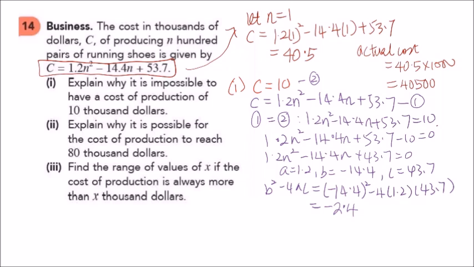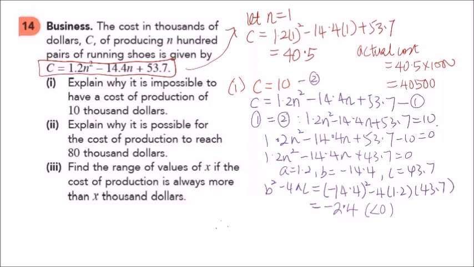It's less than 0. So if you get the value of b squared minus 4ac to be less than 0, what conclusions can you make? The curve will not meet the line, so there are no real roots. So if there are no real roots, then of course it is impossible to have a cost of production of $10,000, because there's no intersection point at all.